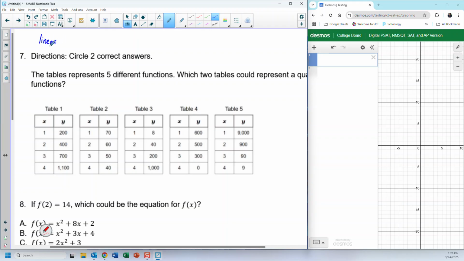One thing you should know is it has a constant rate, meaning it's going to keep either increasing or decreasing at a constant rate. We also learned about exponentials.